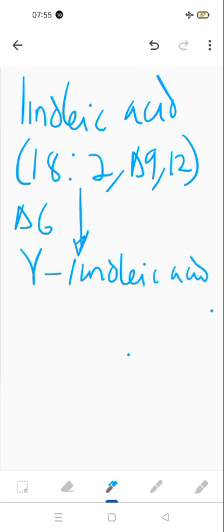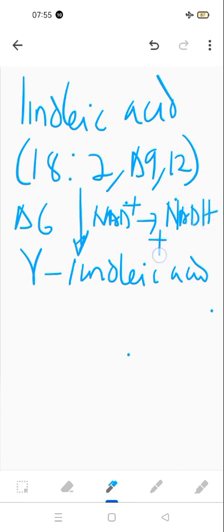Desaturation means that we remove two hydrogens, so we require NAD plus to remove two hydrogens, and so we get NADH and H plus. So linoleic acid is desaturated in position 6 to give gamma linoleic acid.